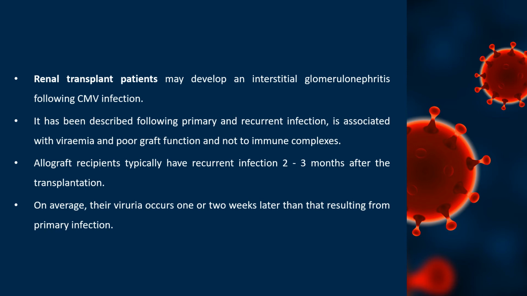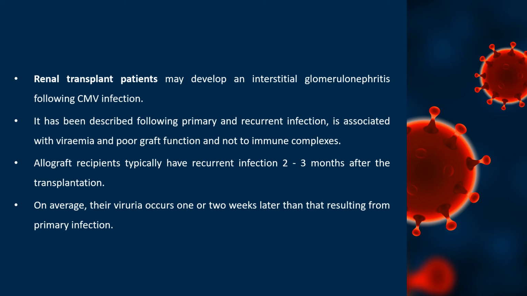Renal transplant patients may also develop an interstitial glomerulonephritis following CMV infection. It has been described following primary and recurrent infection, is associated with viremia and poor graft function, and not with immune complexes. Allograft recipients typically have recurrent infection 2 to 3 months after the transplantation.